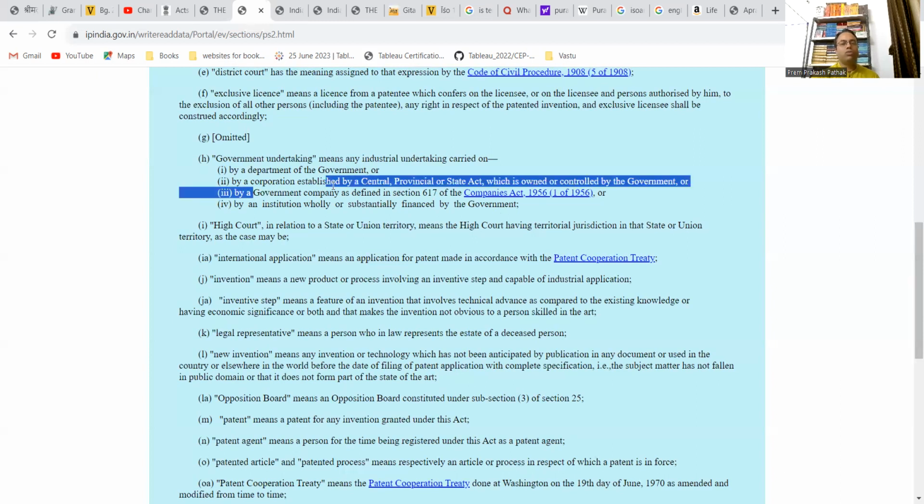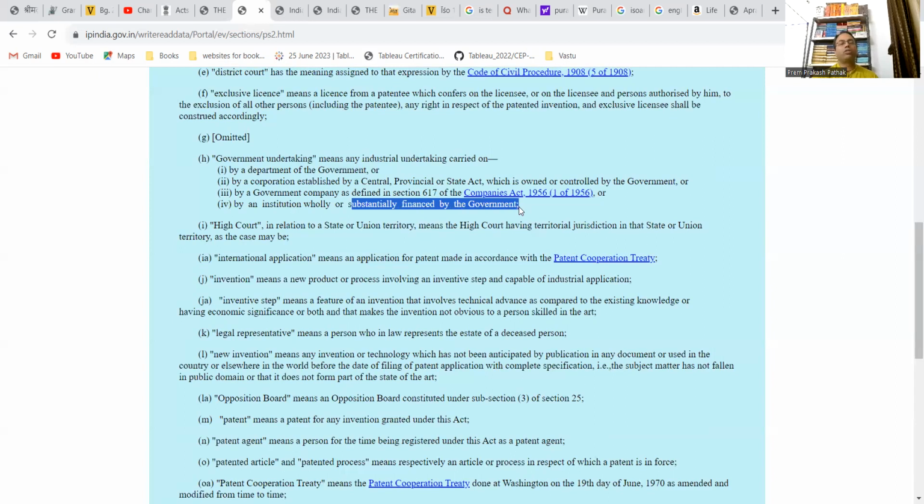Of course, this will be controlled by the government and substantially financed by the government. So government undertaking means the government has control over the decision-making power. High Court, we understand this. State or union territory means the High Court having territorial jurisdiction in that state or union territory, as the case may be.